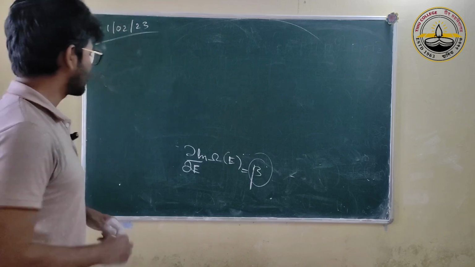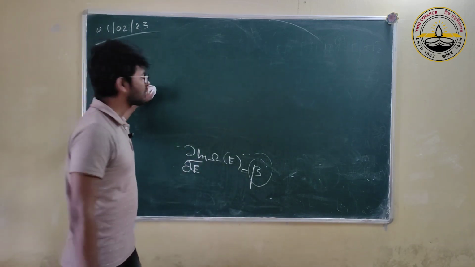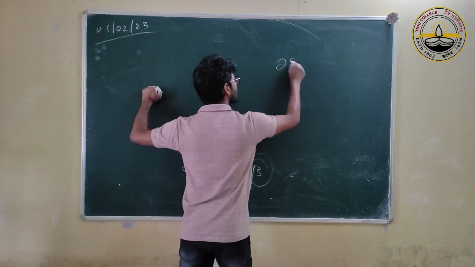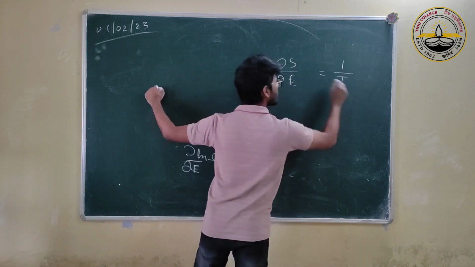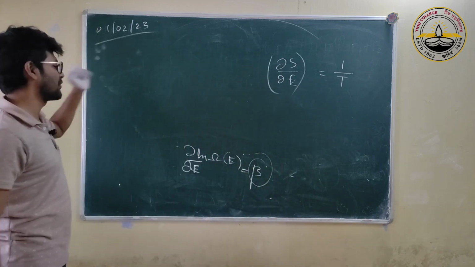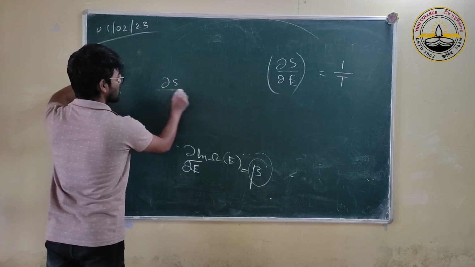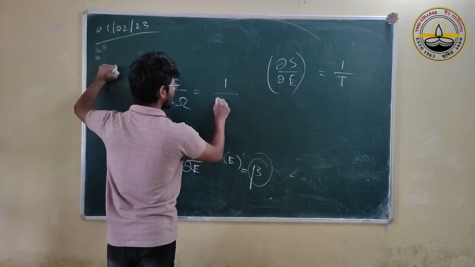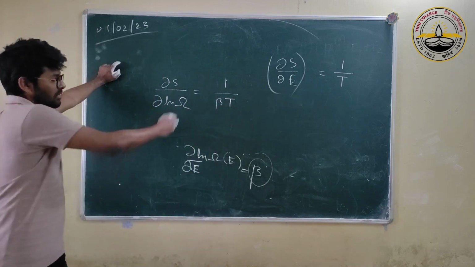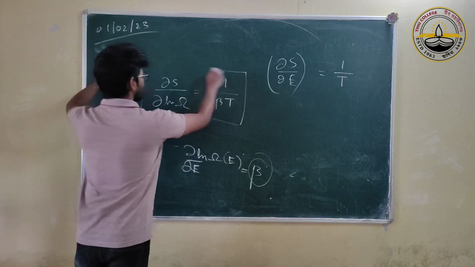We know a condition like this from thermodynamics, if you remember: 1 over T. So if we divide this by that, then we get del S over del ln omega equal to 1 over beta T. Right? If we compare these two, then this is what we get.